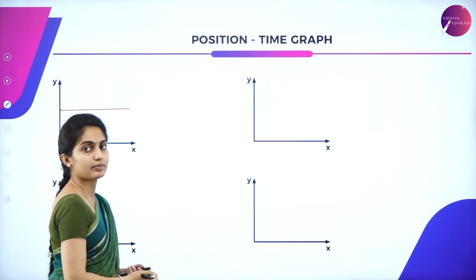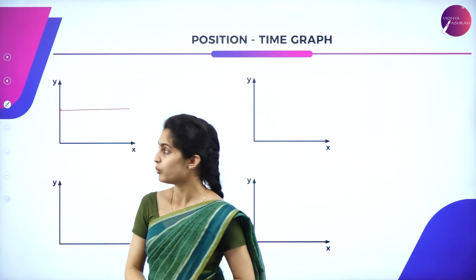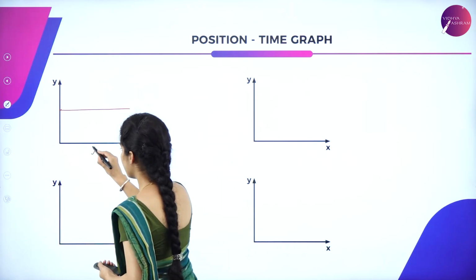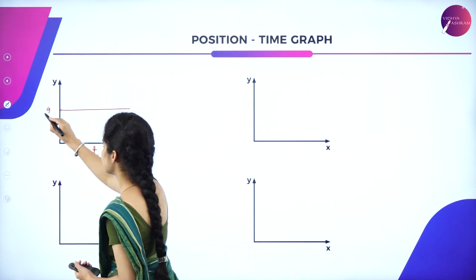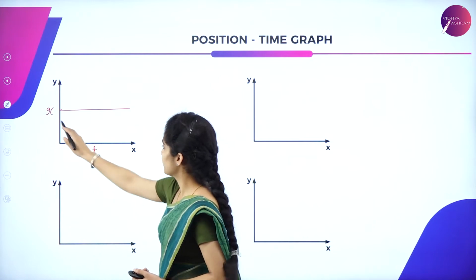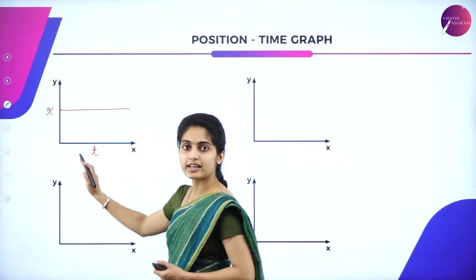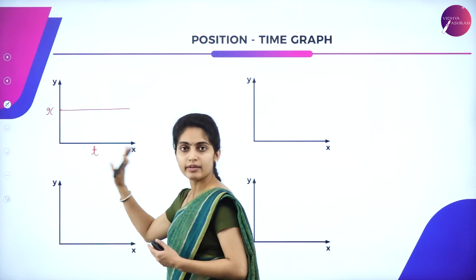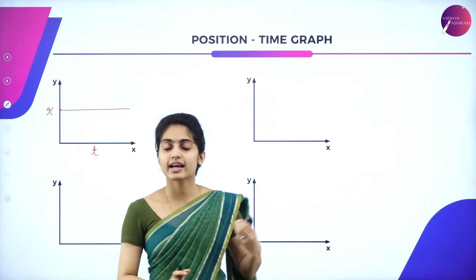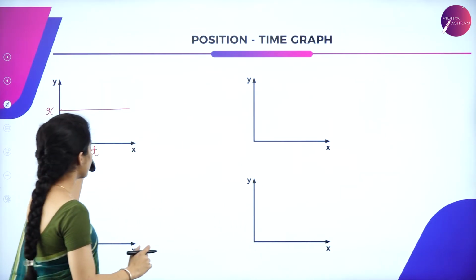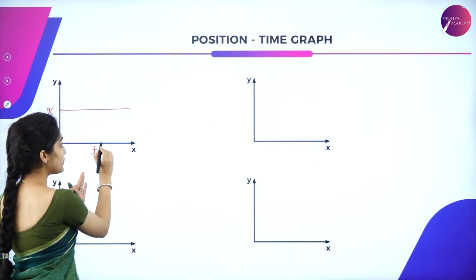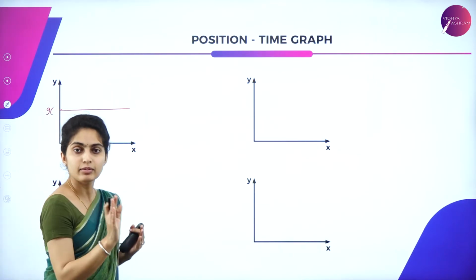So this is the diagram of a graph wherein the x-axis is all about your time and the y-axis is all about your x. So if this is the case, you can clearly tell that it is a position time graph. So what exactly is happening here? You can say that the time keeps on changing. Time is not constant.